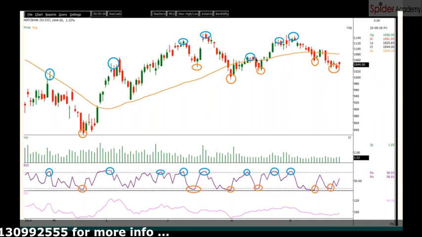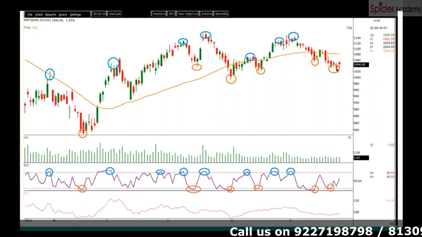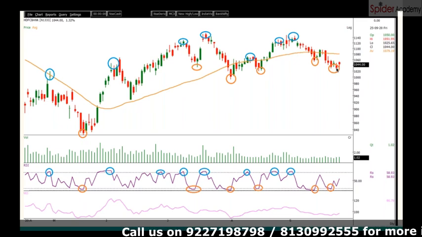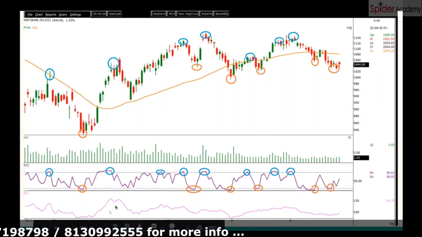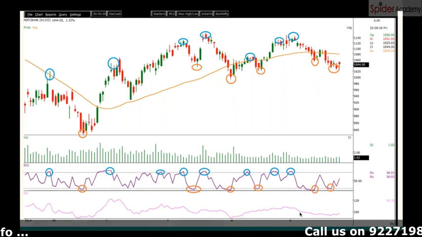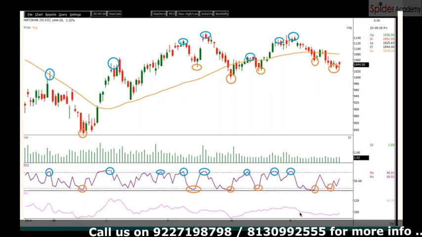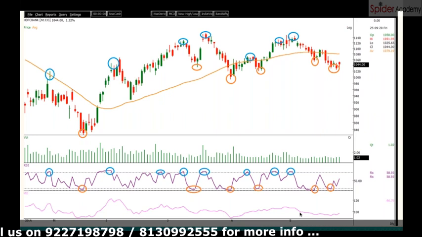So we have to understand the trend when it is going below. So it's a 50 exponential moving average. And the green lines are volume. Volume will help you understand how many shares have been trading per day.